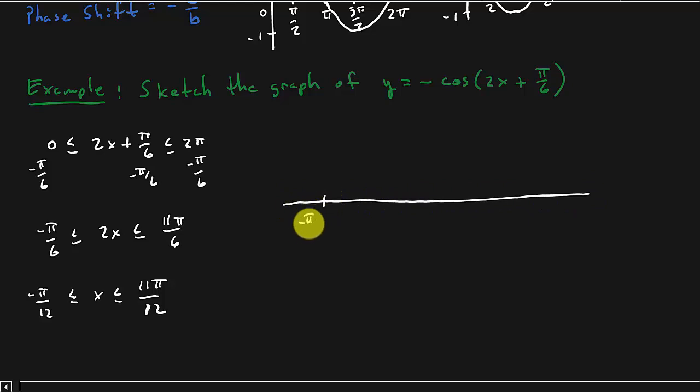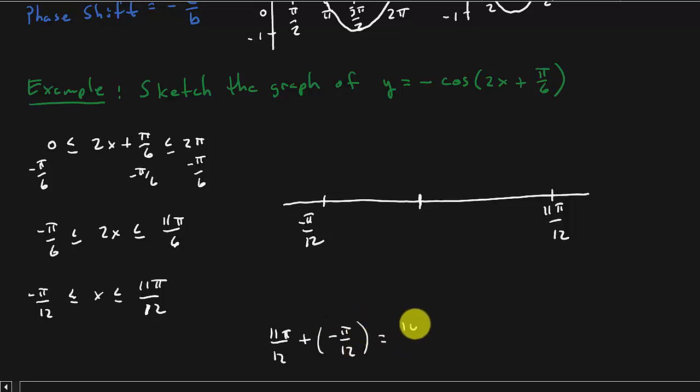So I've got negative pi over 12, and I've got 11 pi over 12. And what I need to do is split this up into 4 regions. So I need the midpoint here. Remember how to get the midpoint? 11 pi over 12 plus negative pi over 12.